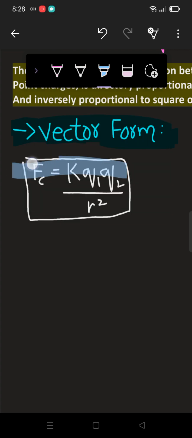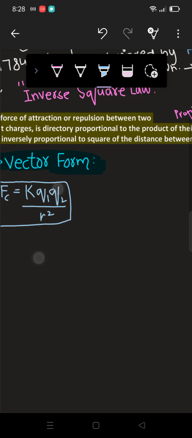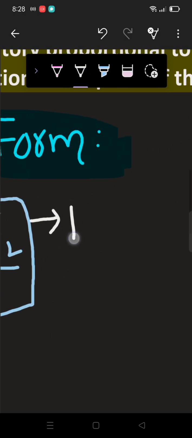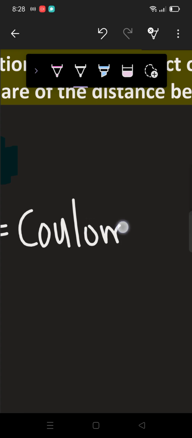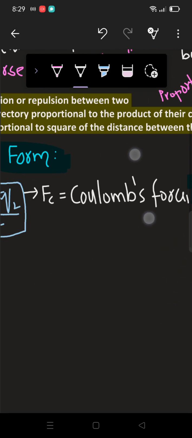As we know, Fc represents Coulomb's force, right?